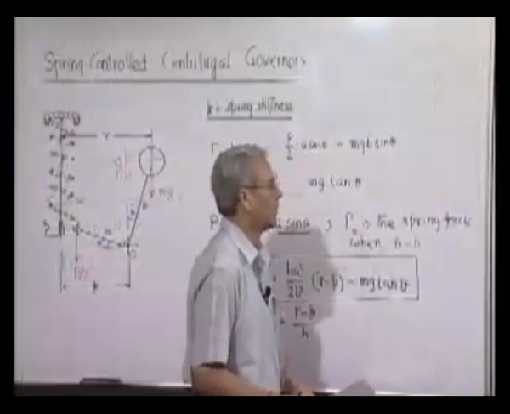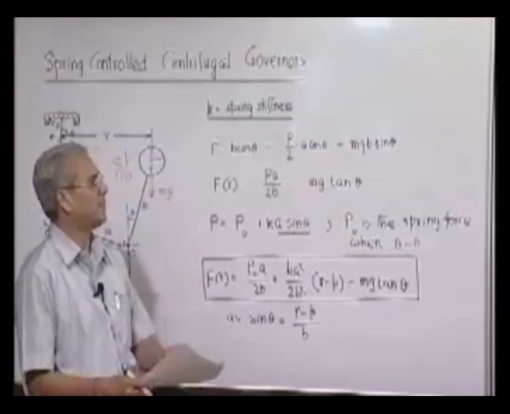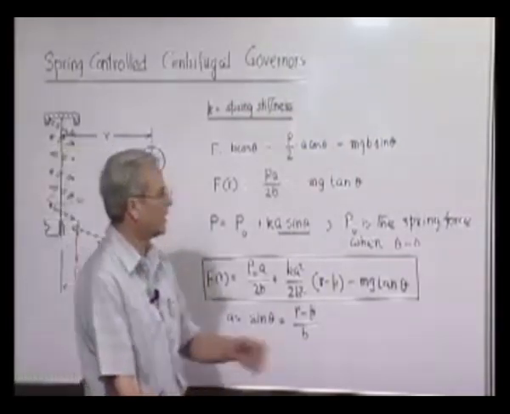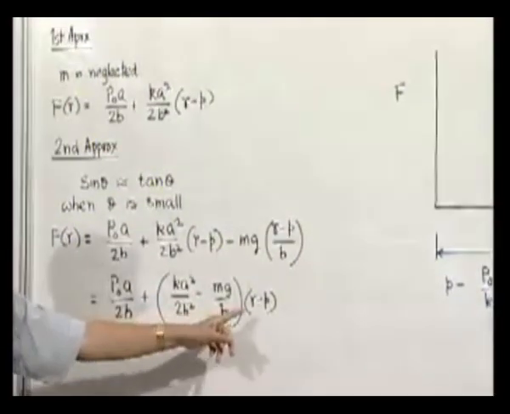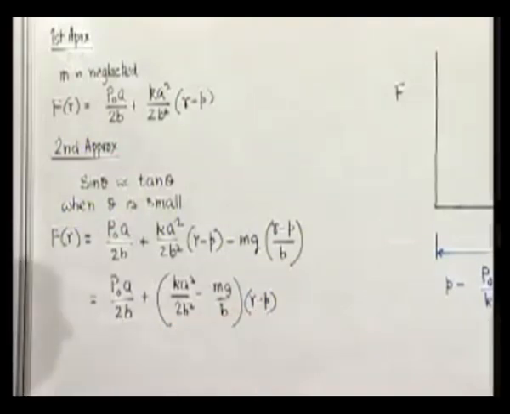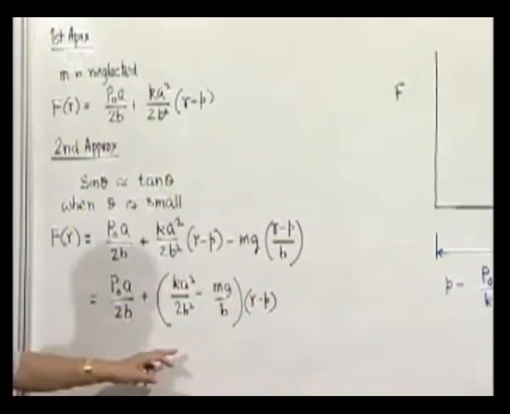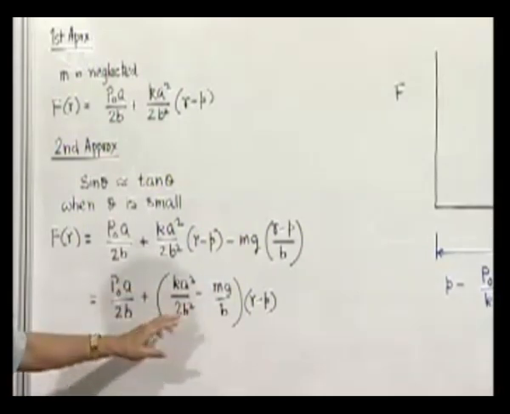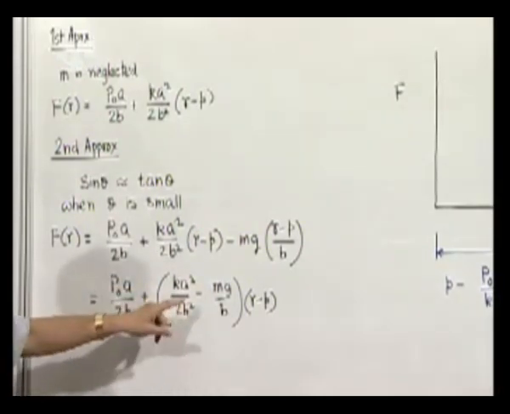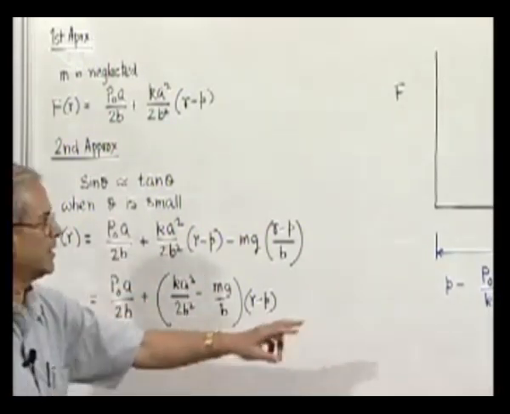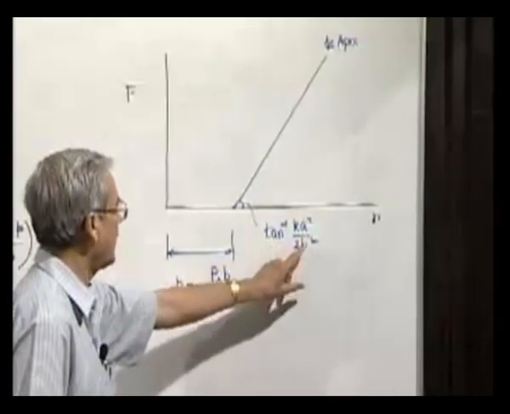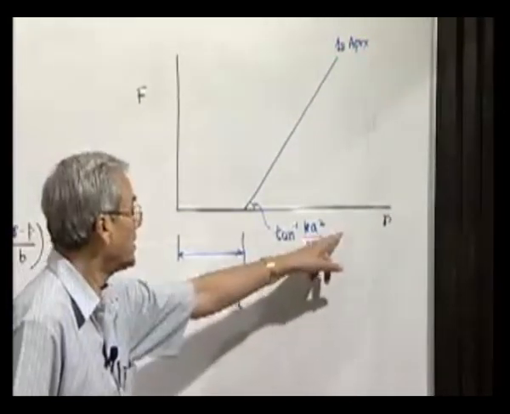Now, if we plot this second approximation, we see that it is still another straight line because it is linearly dependent on r. Only thing now, the slope of that straight line, that means dF/dr, is going to be k a square by 2b square minus mg by b. That means here the slope was k a square by 2b square, now it will be somewhat less.